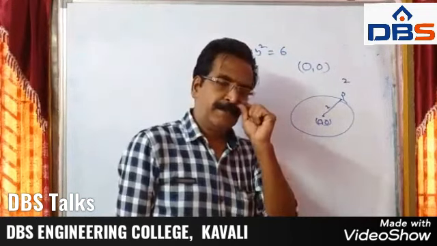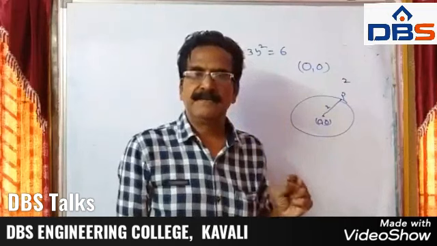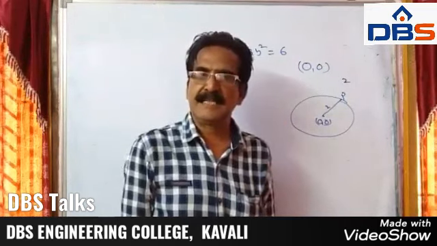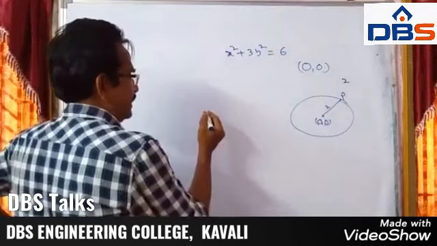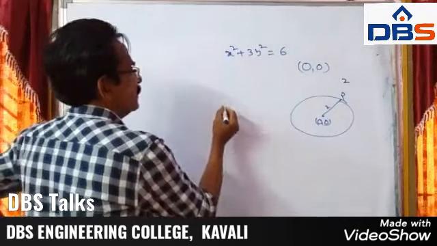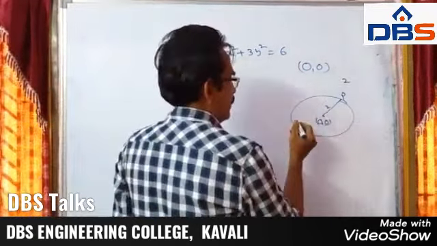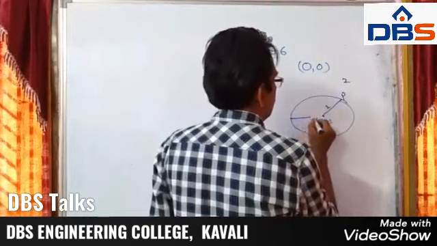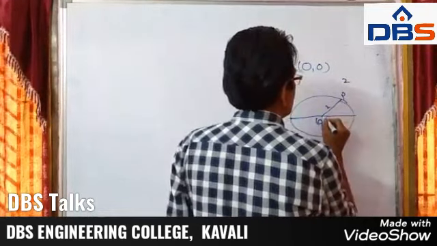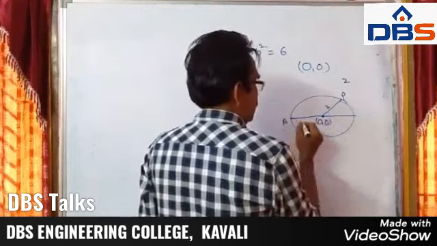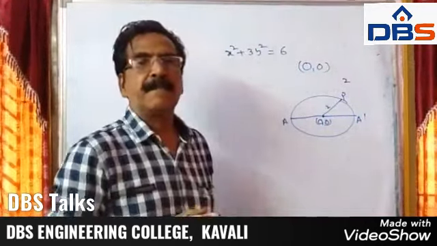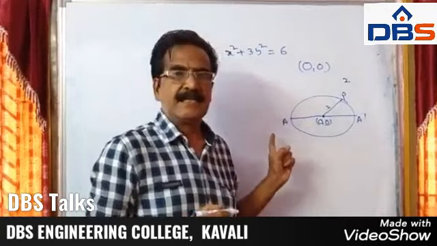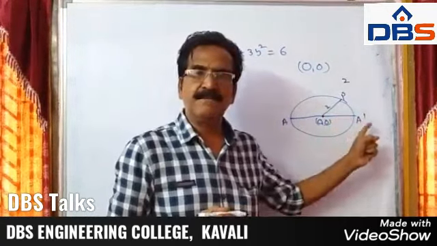Friends, you might know the definition of eccentric angle. So here we can see, this is the major axis, say A dash. A dash is the major axis of this ellipse.